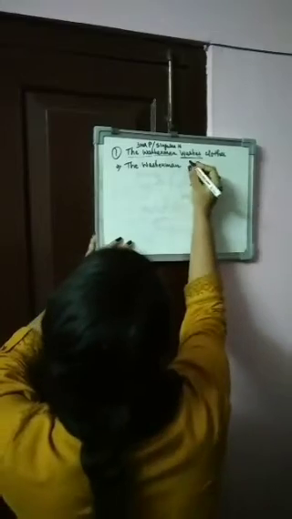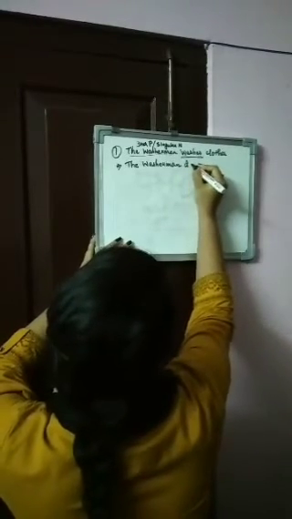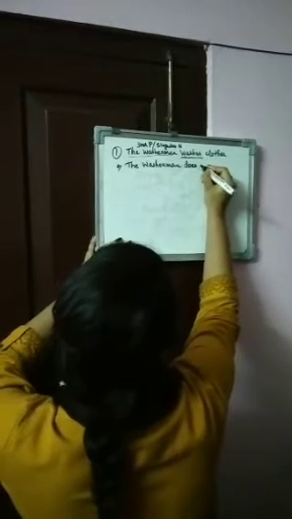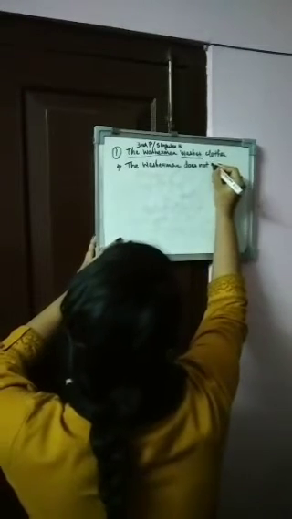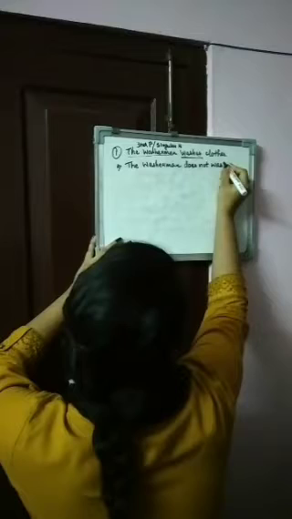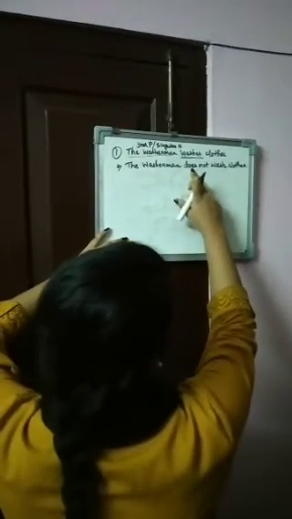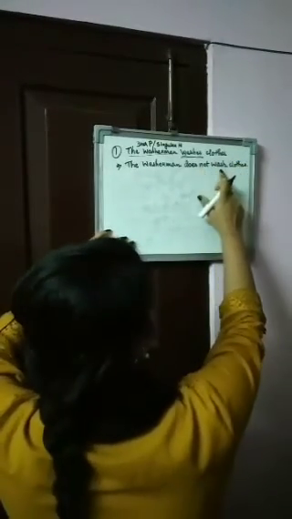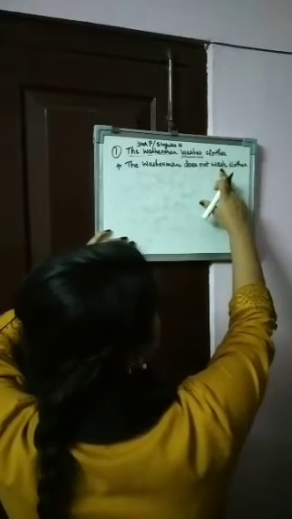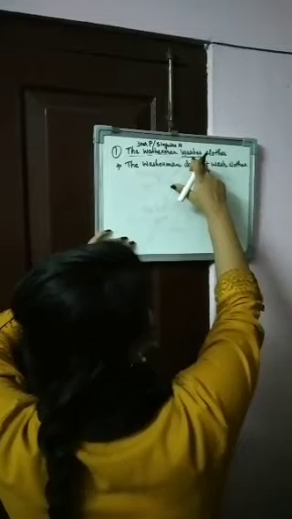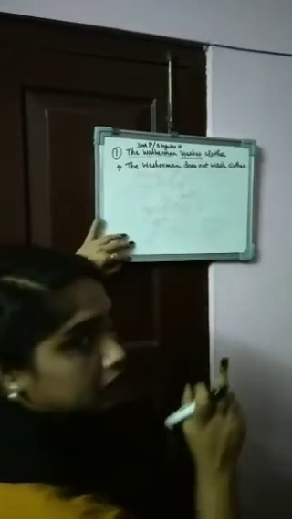Now what are we going to write here? We are going to write does not wash clothes. We write does not, and then when we put the verb here, we will write wash. We will not write washes. Remember this thing.